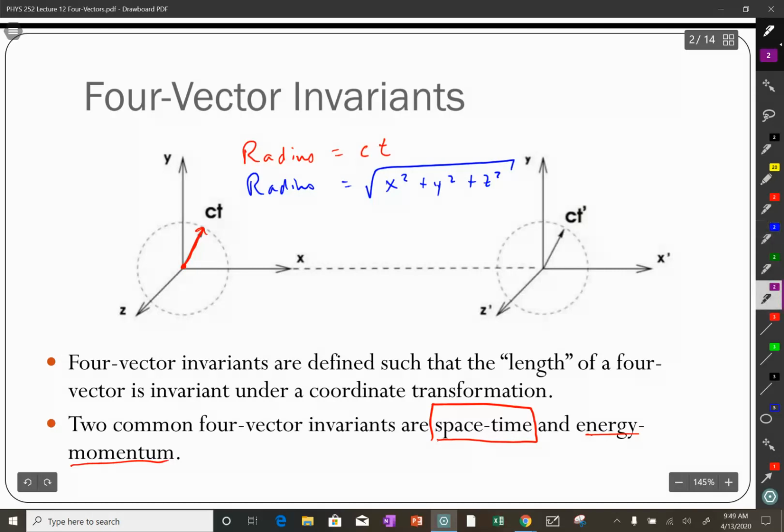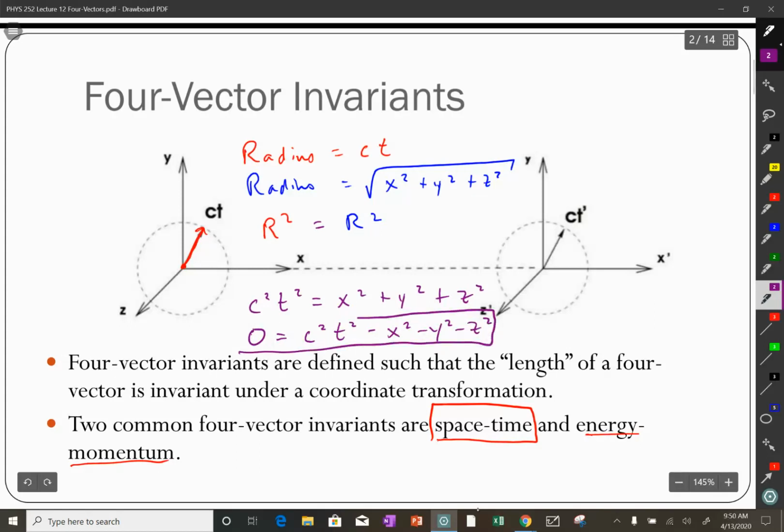If I combine these two and square them, radius squared equals radius squared, and I get c squared t squared equals x squared plus y squared plus z squared. Or what we usually do is we move the x, y, and z across, and we have 0 equals c squared t squared minus x squared minus y squared minus z squared.